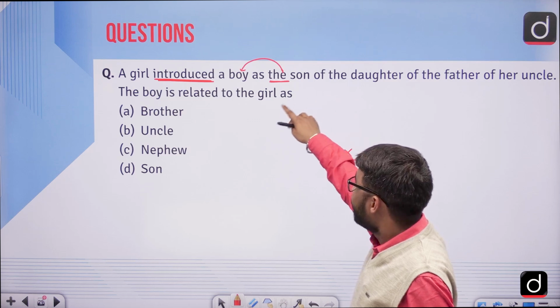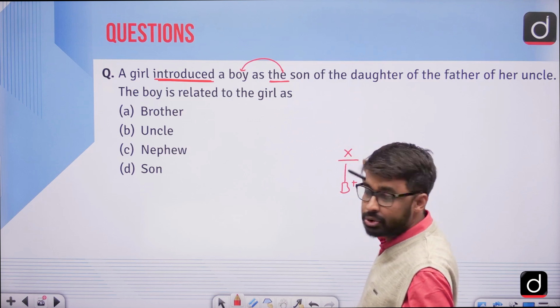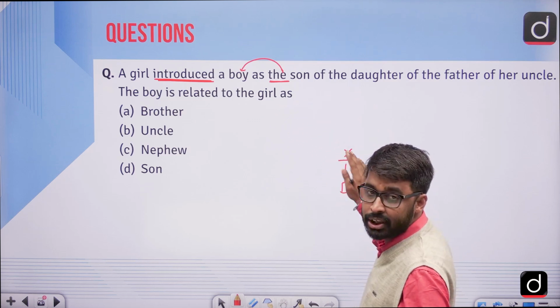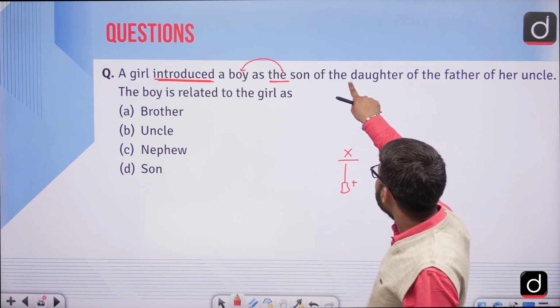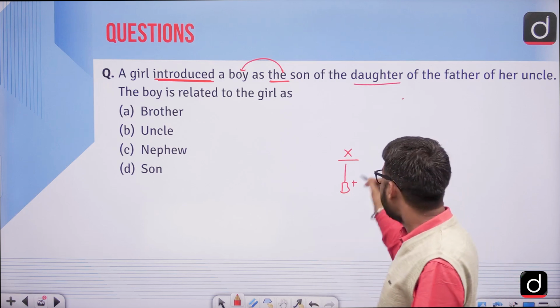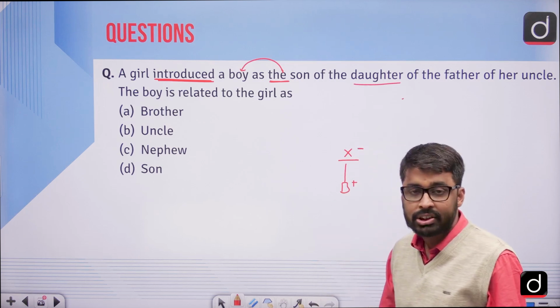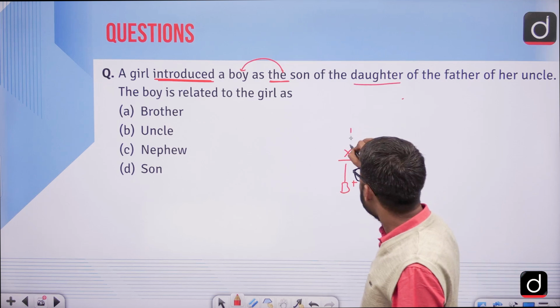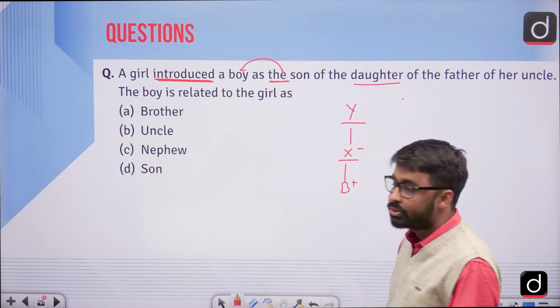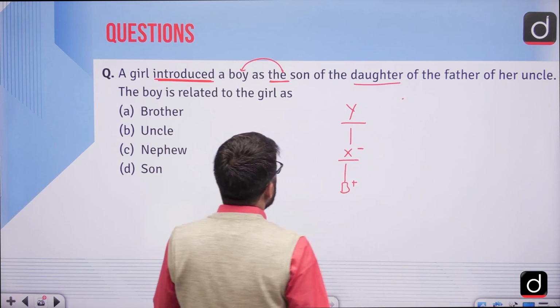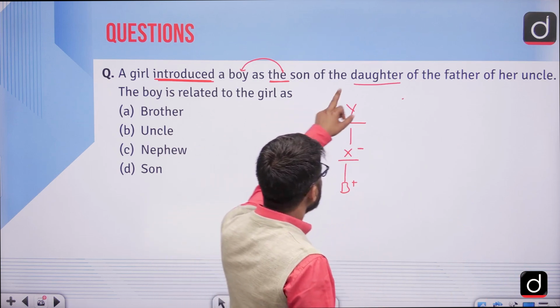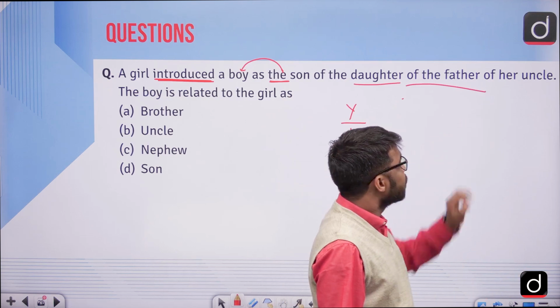The boy is introduced as the son of X, and this boy is the son of the daughter. So this X is somebody's daughter. That means X is going to be female. I will call that person Y. So X is daughter of Y, right? Now the boy is the son of the daughter of the father.